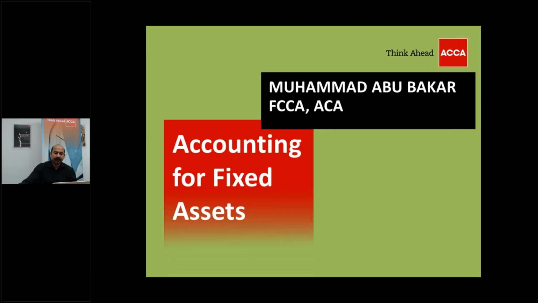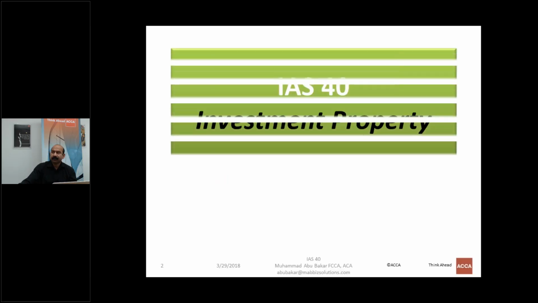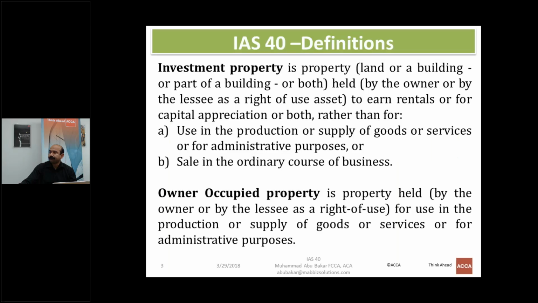International Accounting Standard 40 is investment property. We should be careful because there are small changes in this standard as well. The definition is the same, with a very small change.